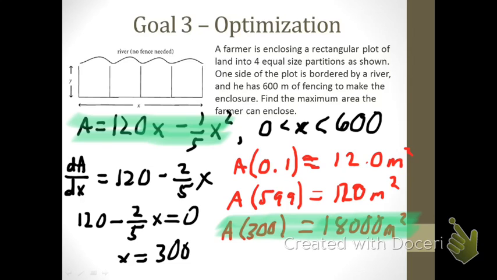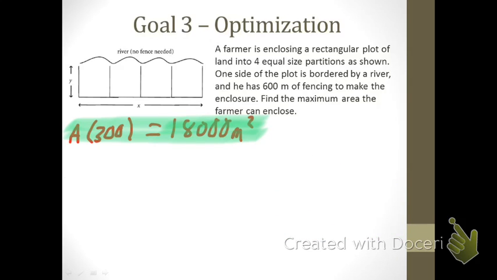Alright, now what the problem asks us for is the maximum area the farmer can enclose. And of course we can say that the maximum area is 18,000 square meters. Pretty nice enclosure. Another problem that you can be asked oftentimes with this kind of thing is, what are the dimensions of the enclosure that would yield the maximum area?